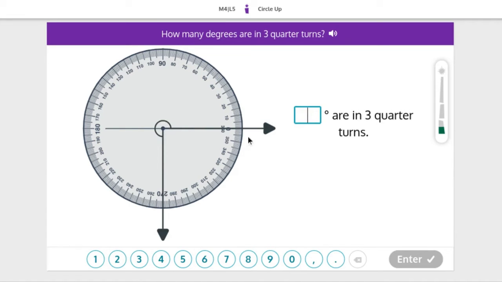So how many degrees is it? So we know that's on 0. So we start there. And if we go, where is that line on? What number? If we look, we can see that 270 degrees. And does that make sense? If it's 3/4 turns and each quarter is 90 degrees, 90 plus 90 is 180. 180 plus 90 is 270. So that's why it's going to be 270 degrees.